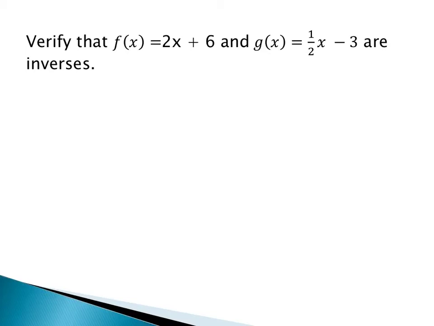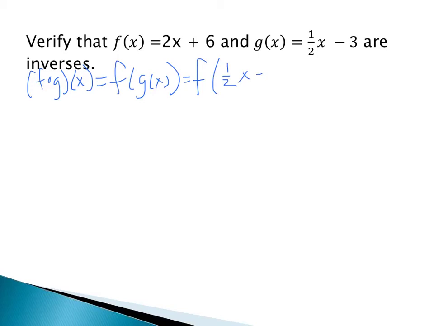Lastly, let's verify that f of x and g of x are indeed inverses. To do that, we're going to compose them, f composed of g of x, f of g of x. Put g of x inside the parentheses, 1/2 x minus 3, and then we're going to substitute this in for the x value.